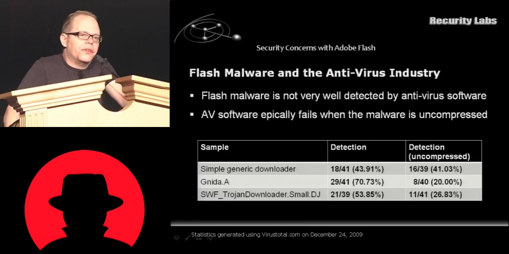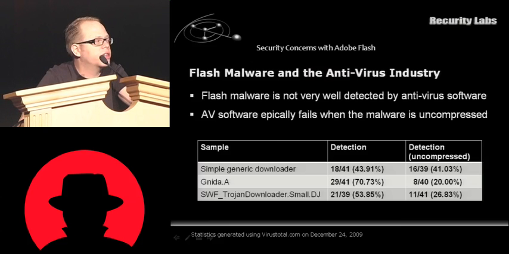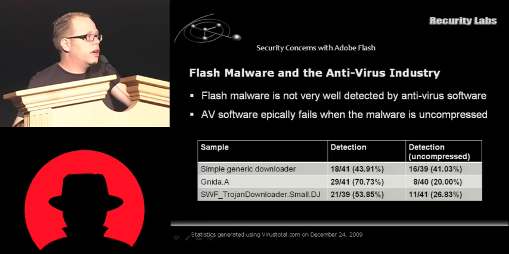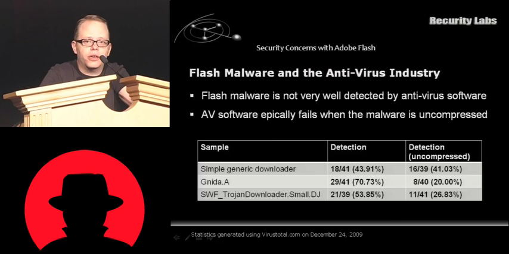The interesting thing is Flash files are internally usually compressed using zlib. Nothing special, no fancy algorithm, it's just zip essentially. So if you go ahead and decompress the Flash file, it's still entirely the same byte content, it's just decompressed, and you feed it to VirusTotal again. Your coverage drops from 70% to 20%.